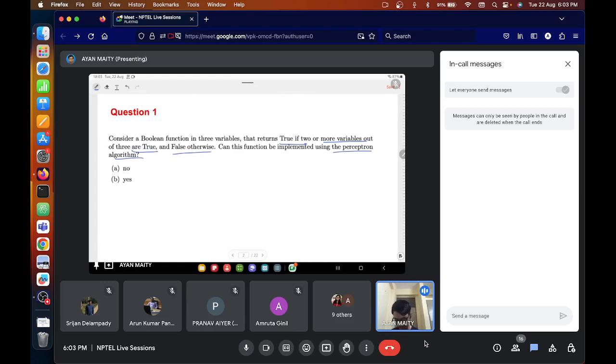There are three input variables in this boolean function, and if two or more of these three are true, then the output is true, otherwise false. So can this function be implemented using the perceptron algorithm? There are two options only, no and yes.